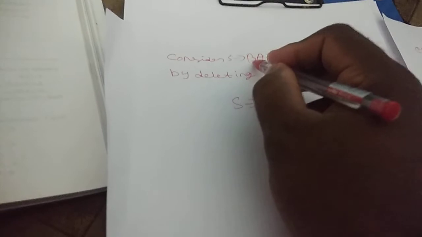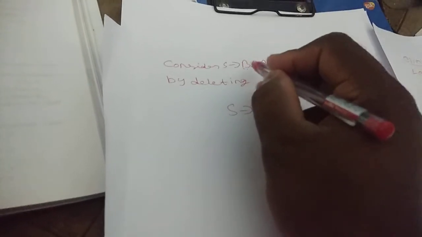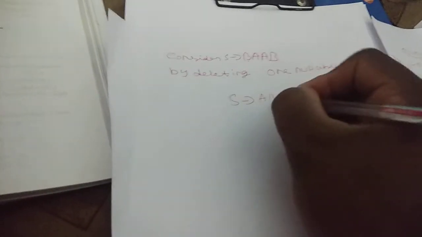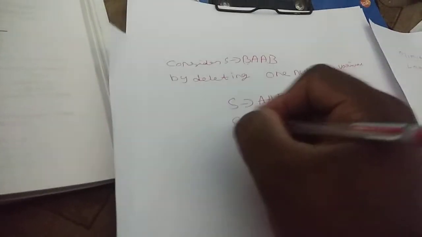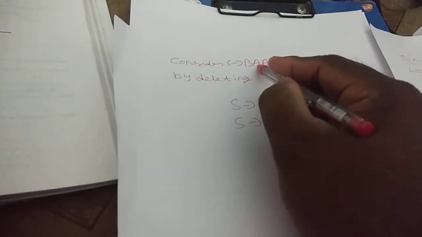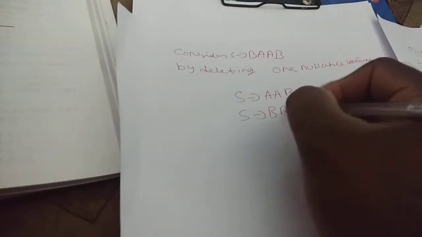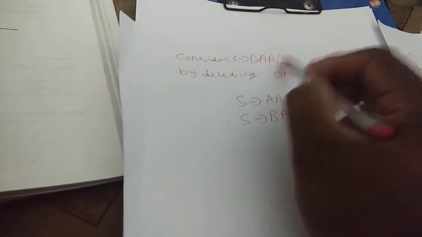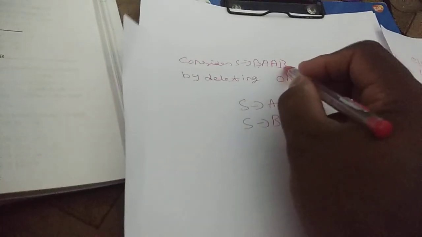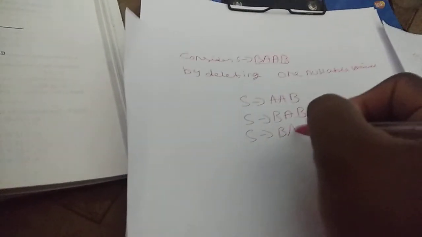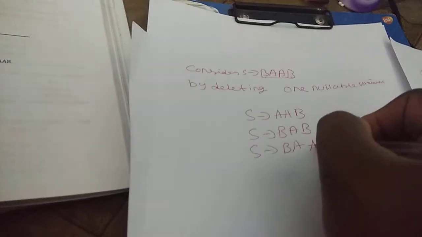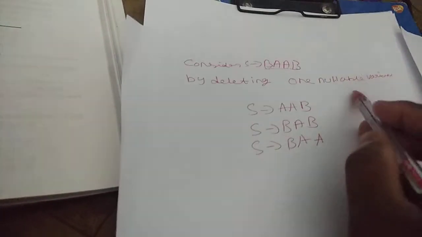If you give epsilon for this B, you will remain with S tends to AAB. Then if the second one is epsilon, you will remain with BAB. If this B is epsilon, you will remain with BAA. This is by deleting one nullable variable.